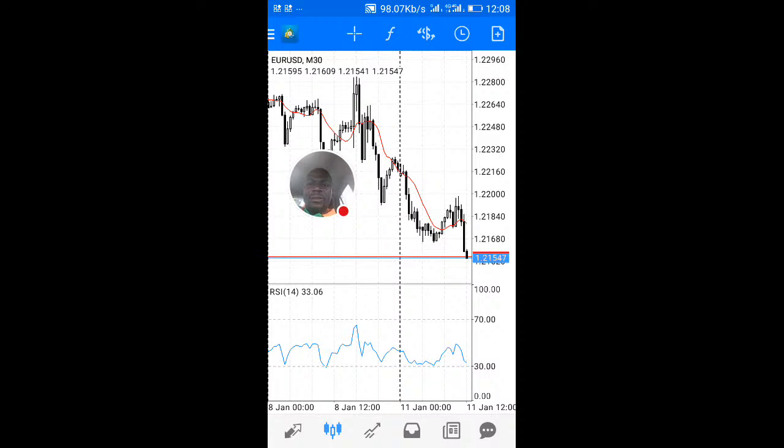The Europeans, they are fighting hard to maintain their currency in stable conditions.